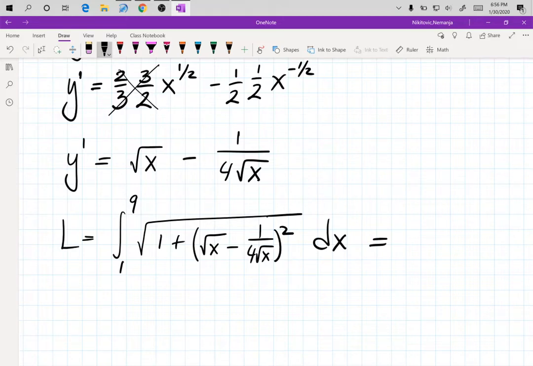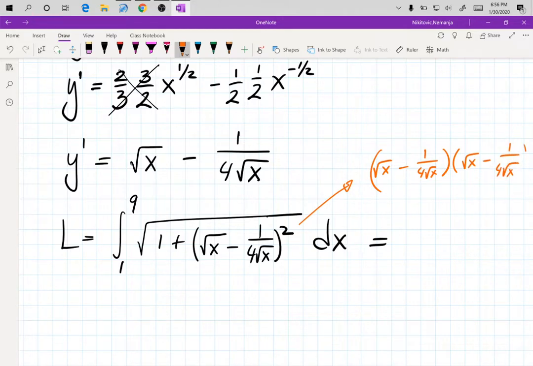The only thing we can do is to say square root of x minus 1 over 4 square root of x times itself. There are no other options. Square root of x times square root of x is x. Now, minus 2 times the middle term, right?